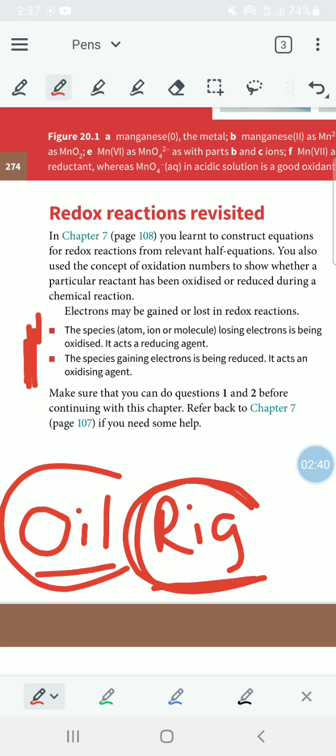It acts as an oxidizing agent. So you have to write down those two in your own words. So just copy this down, because there's nothing much to it. And after that you have to do question number 1 and 2.